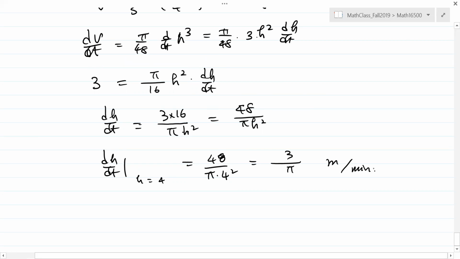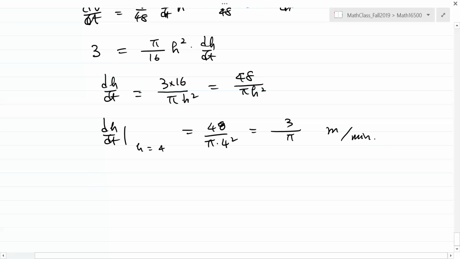There are several types of problems for related rates. You should look at all the problems we discussed in the class, please.